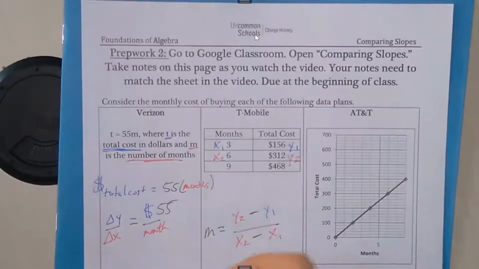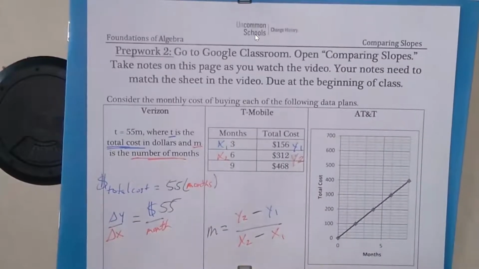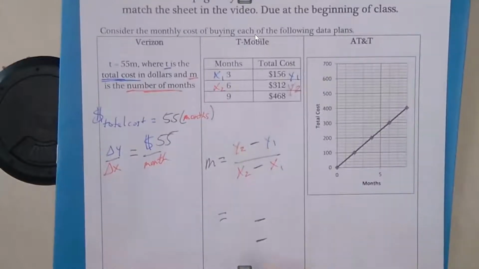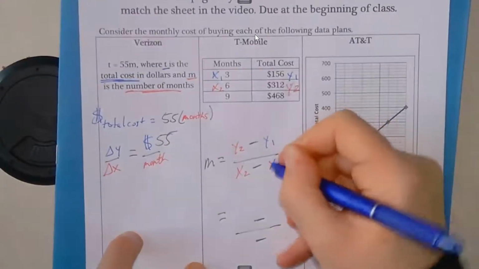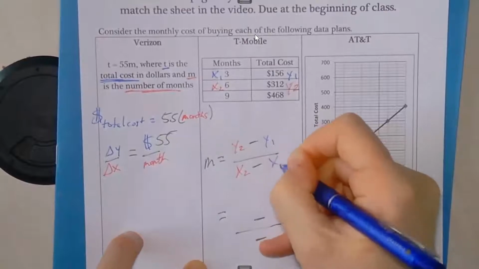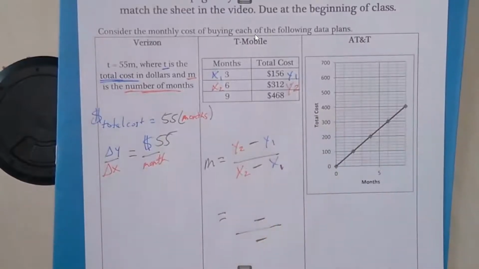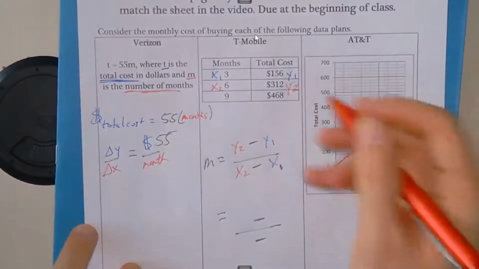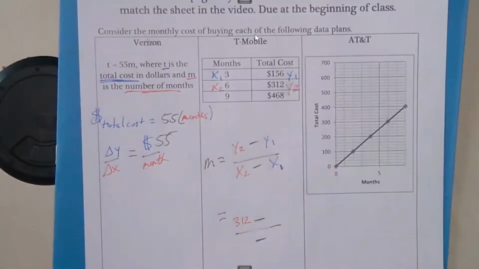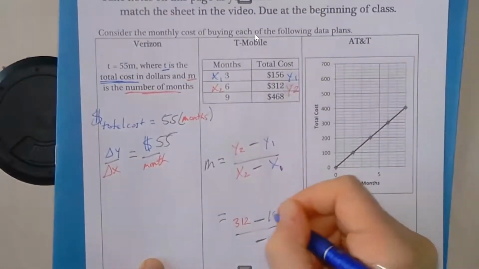Okay, so now let's substitute. When we substitute, remember, we have to keep these minus signs here. We just have to be very careful of the signs. So my y2 is 312. My y1 is 156.